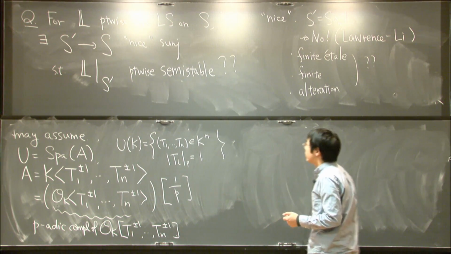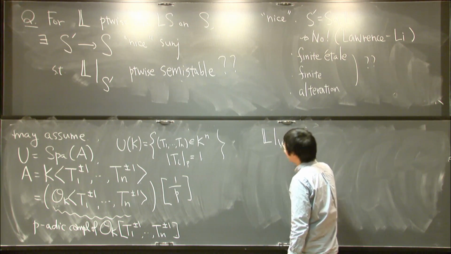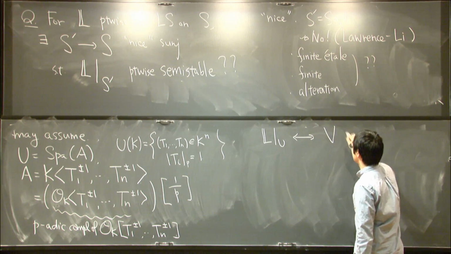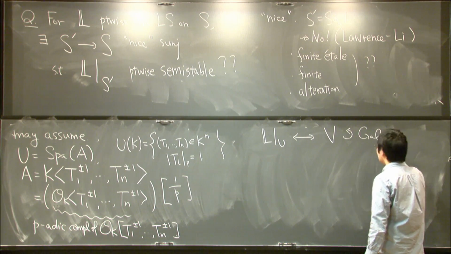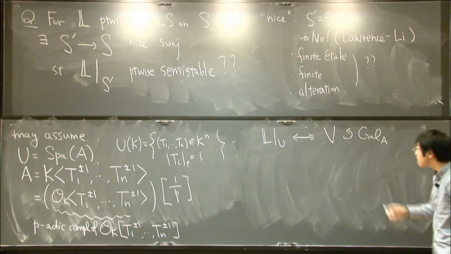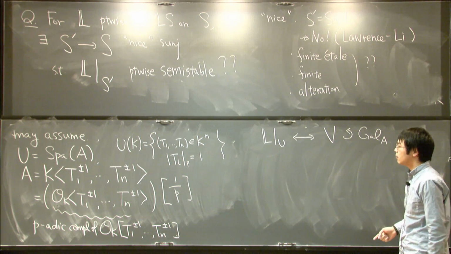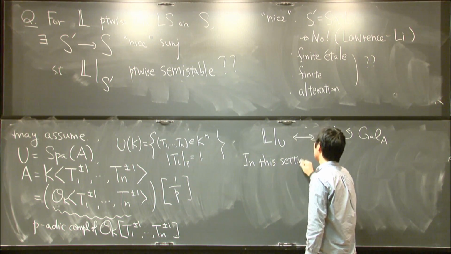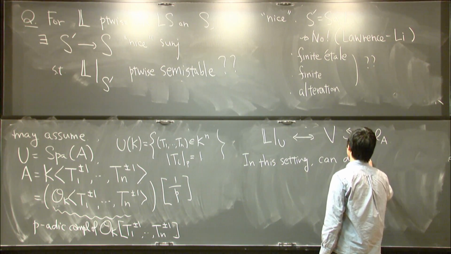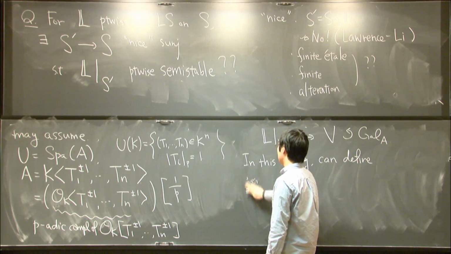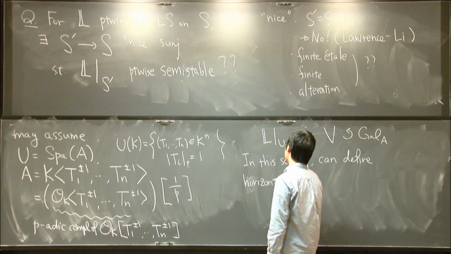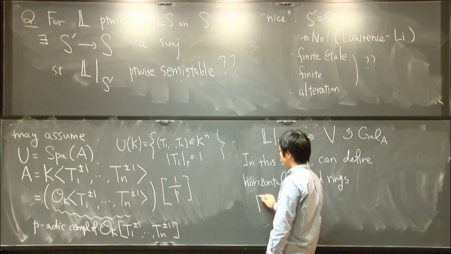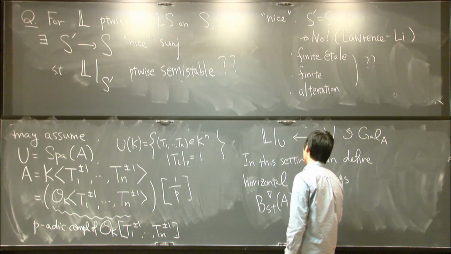And then in this setting, what we can do is, first of all, a local system now corresponds to a Galois representation of the Galois group of A, or maybe the étale fundamental group of Spec of A. And then in this setting, we can define period rings, which I call horizontal period rings, like B_st horizontal or B_dR horizontal.